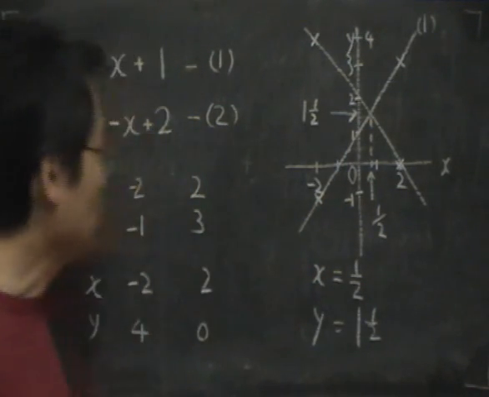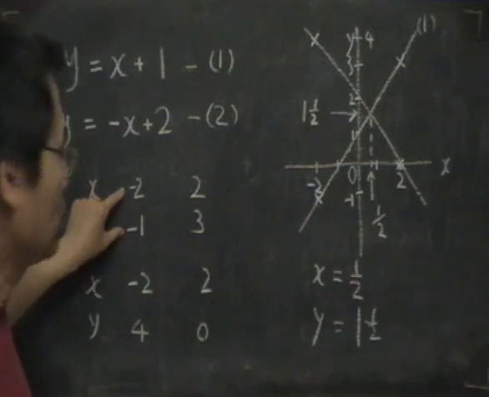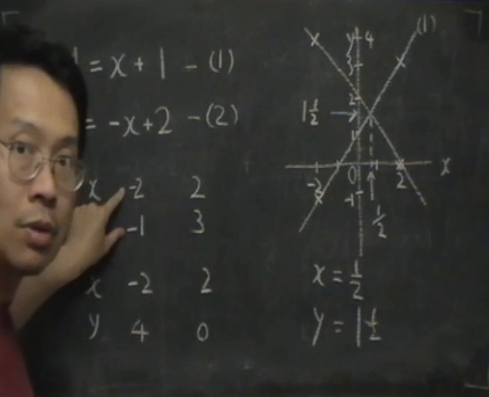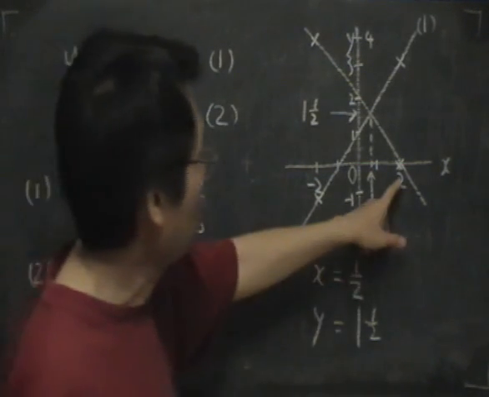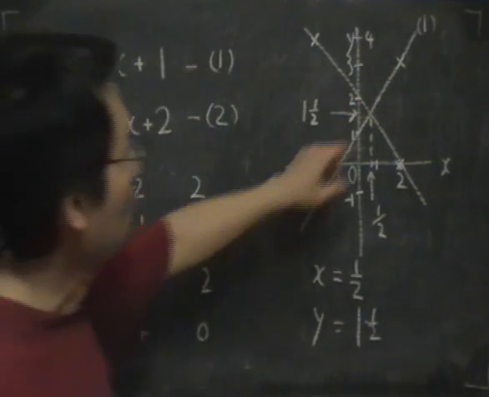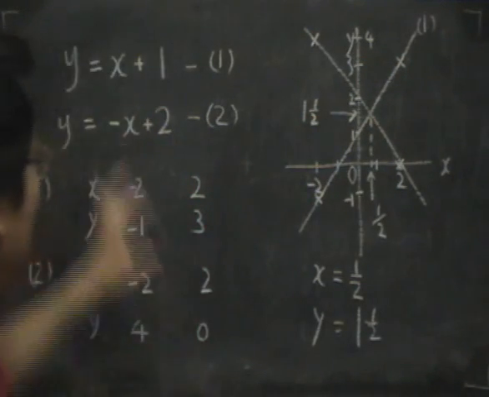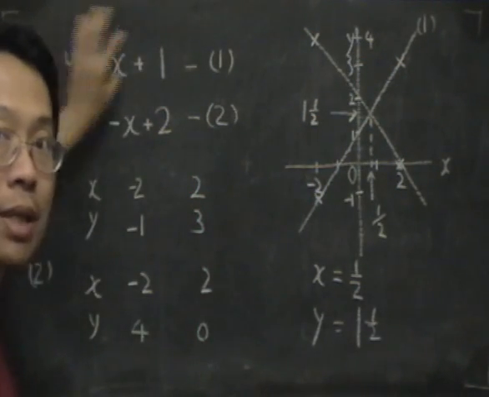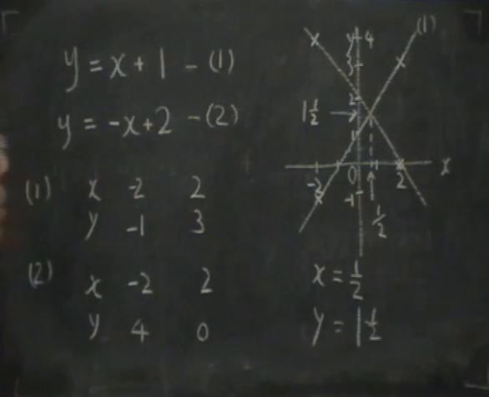That we already know, because we made this point from the equation. And the same for the point 2 and 3. It came from here. So if I pick that point, I know that the x and the y will satisfy this equation. It will make the left side equal to the right side. That means it's a solution to that equation.